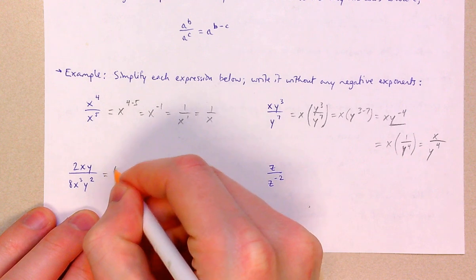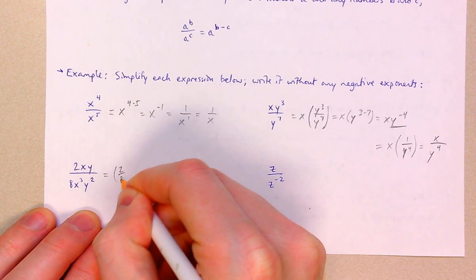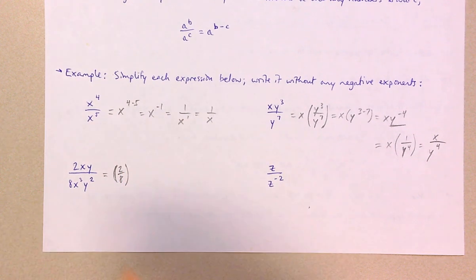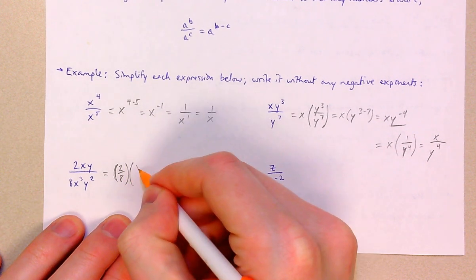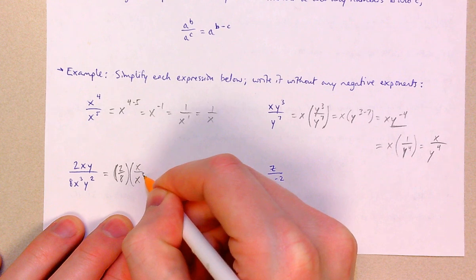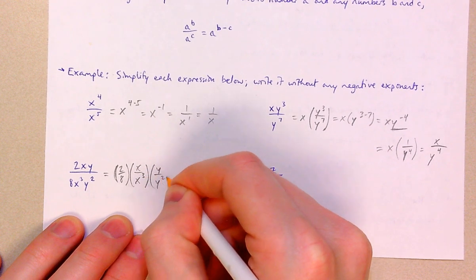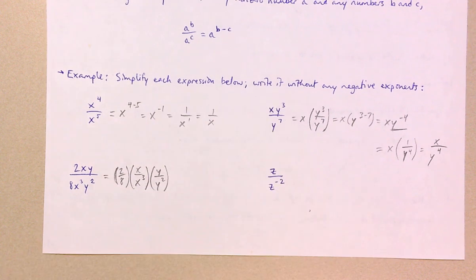I have my numbers, my constants, 2 divided by 8. I have the x divided by the x cubed, and then I have the y divided by the y squared. So let's work with each of these things separately, and then we can multiply those together.